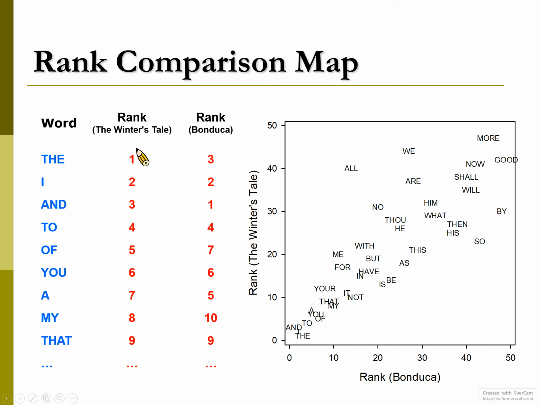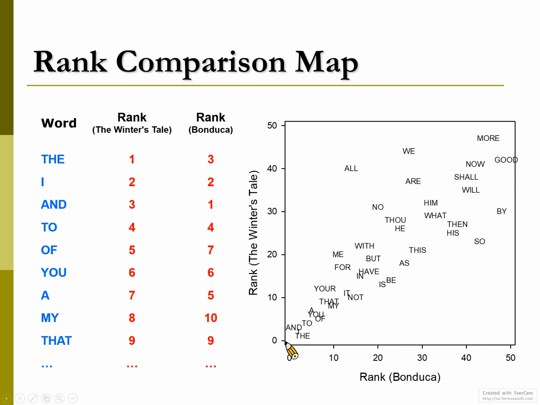If we have the rank information of each word from one play and also from another play, then we will just use this rank information to plot on a two-dimensional plot.